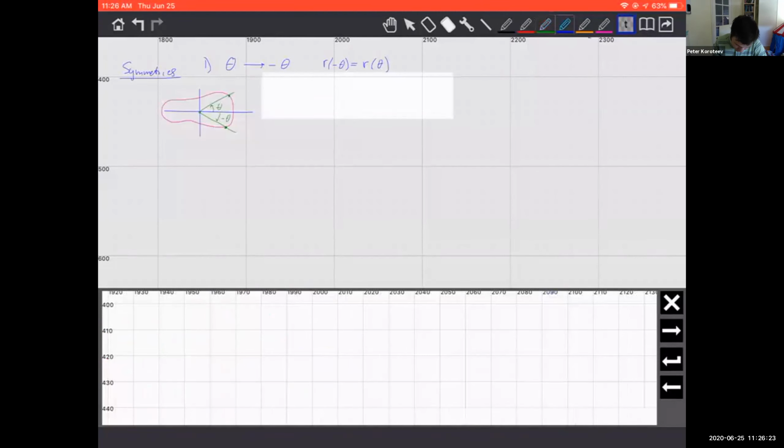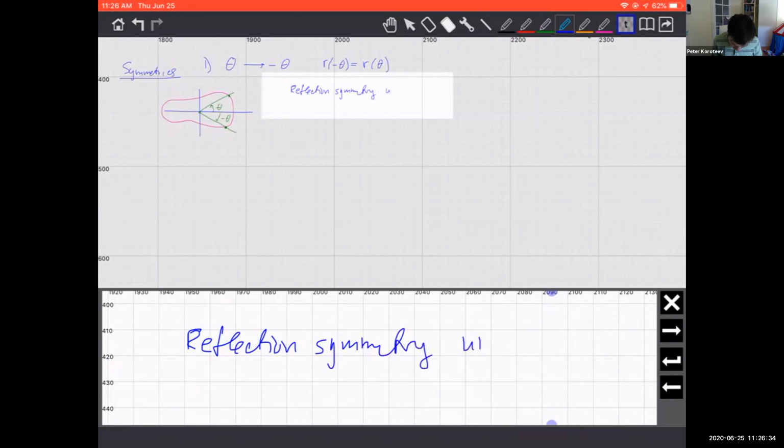So this is a reflection symmetry under the polar axis.